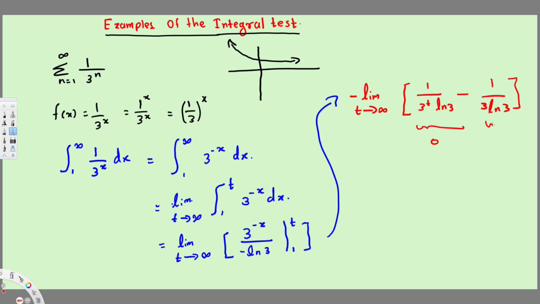So this is a finite number. Therefore this definitely converges. 0 minus a finite number, we are going to get a finite number as our answer. If this one converges, then our improper integral also converges. So we can conclude that this series converges.